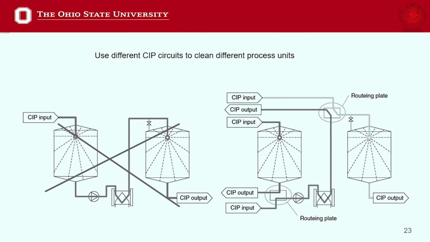And when you do the cleaning, you do not want to make certain mistakes. So, for example, you may have two tanks. In this case you are pumping in the inlet CIP solution here and getting the output here, and then using the same output for cleaning the second one.